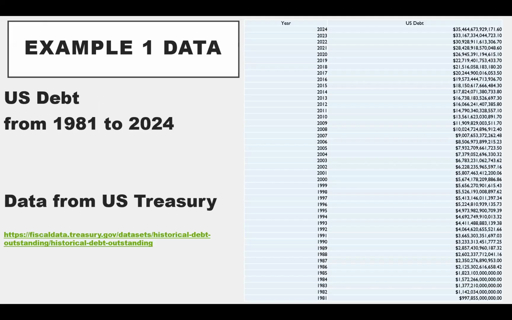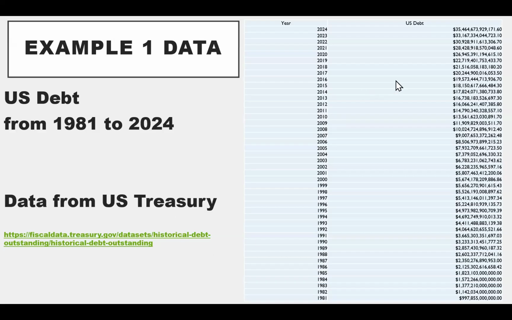So let's take a look at an example. Here we have example 1, and you can see the data here on the right. It's a table of the year and the debt of the United States. This is essentially every year from 1981 to 2024. And this data comes from the US Treasury.